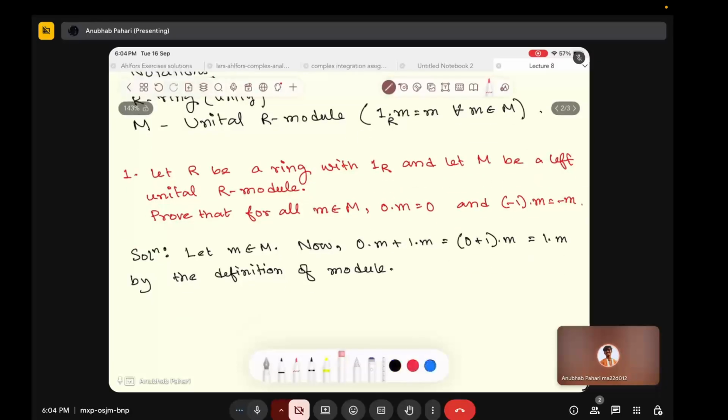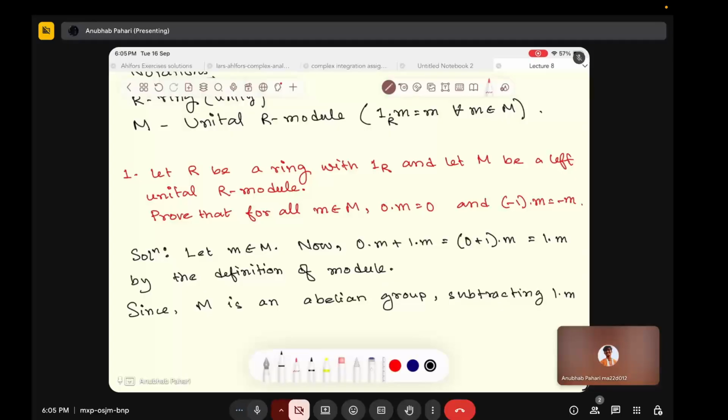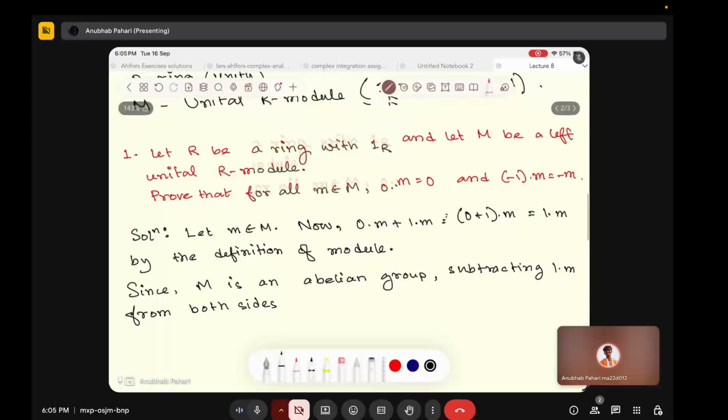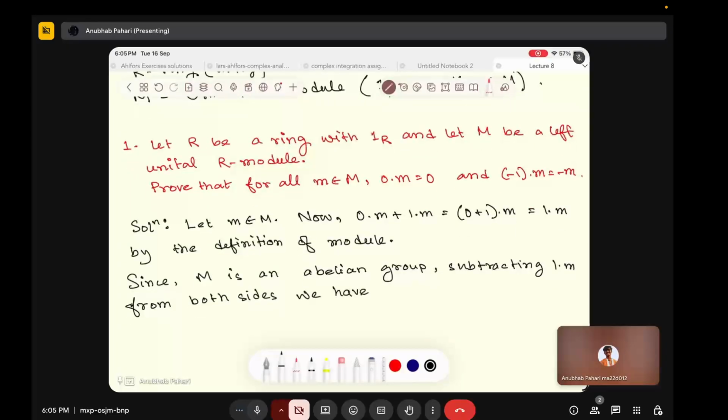Now since M is an abelian group, subtracting 1 dot m from both sides, we have 0 dot m equals 0.